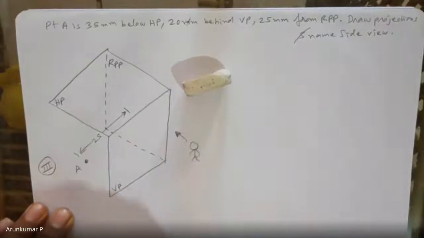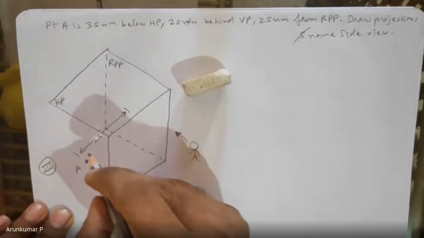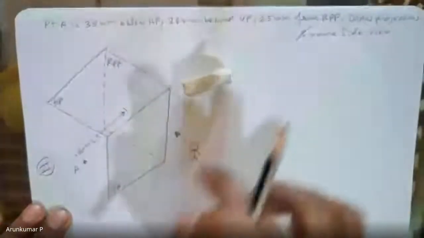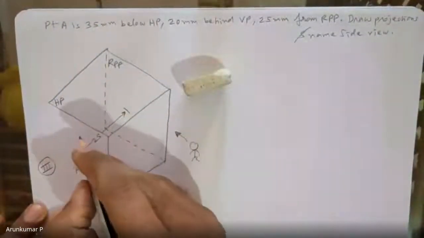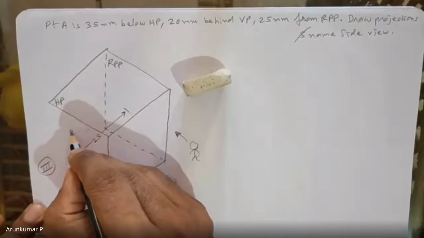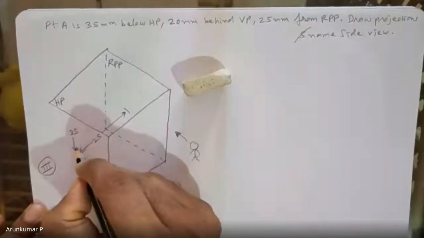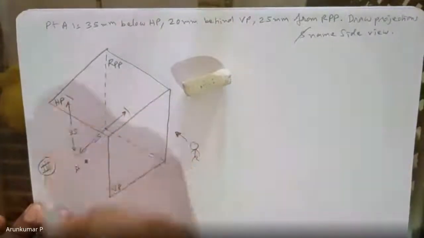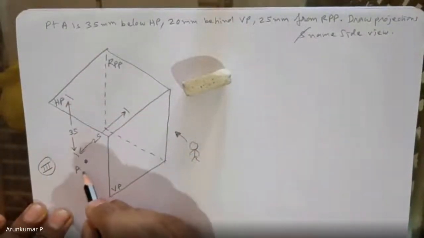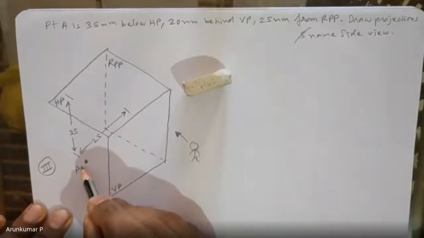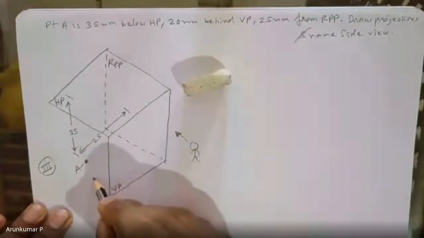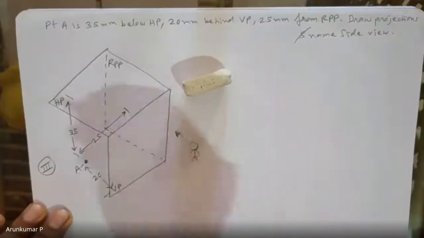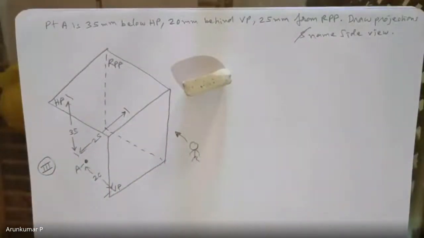25 mm from RPP, 35 mm below HP. So this is 35. 35 mm below HP and 20 mm behind VP.